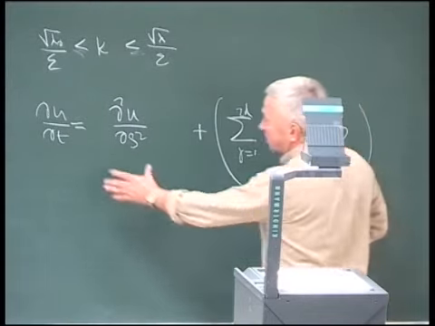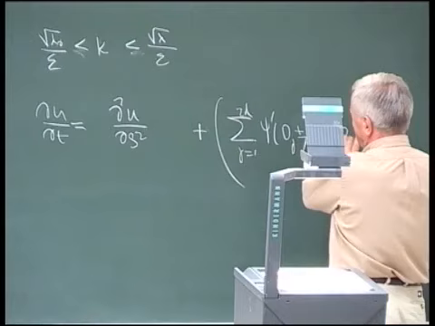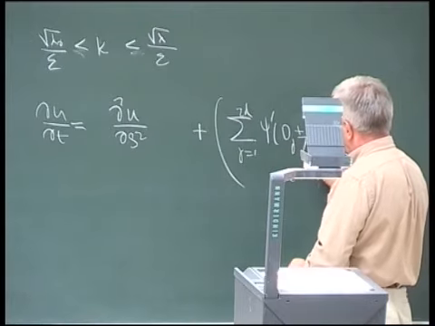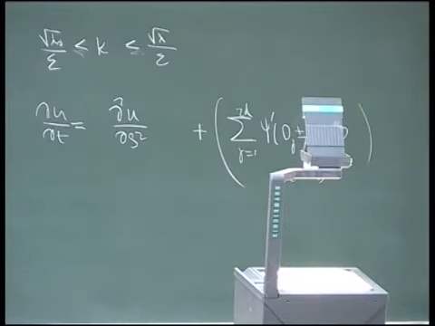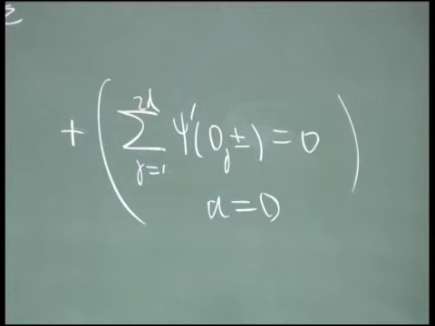Assume that we consider this equation with this condition, A naught equal to 0. Then this parabolic problem defines a Markov process on this graph.